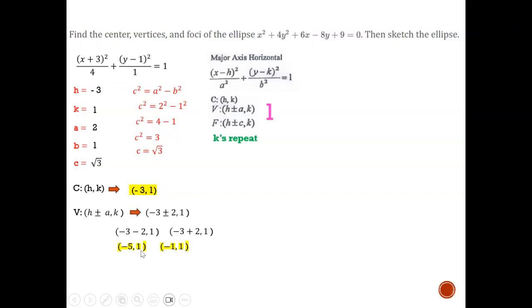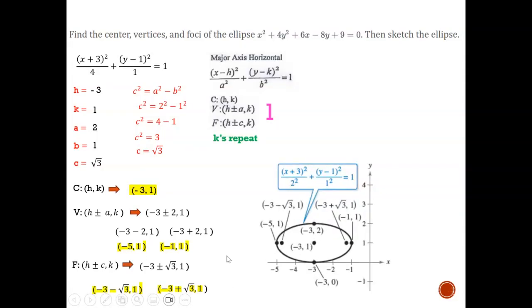These are my vertices. For the foci, it's going to be (H plus or minus C, K). So H is -3, plus or minus the square root of 3, comma 1, which would be (-3 minus the square root of 3, 1) and (-3 plus the square root of 3, 1). These are my foci. The center, my vertices, and my foci.